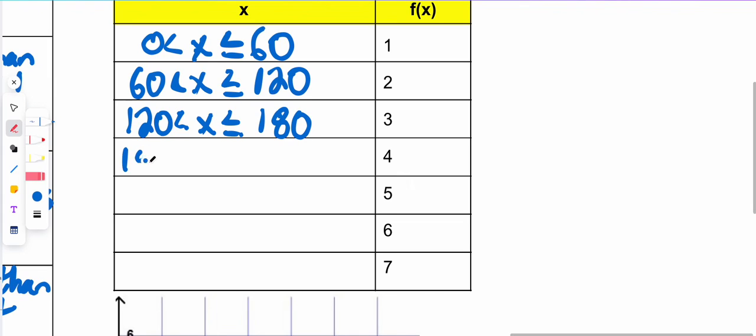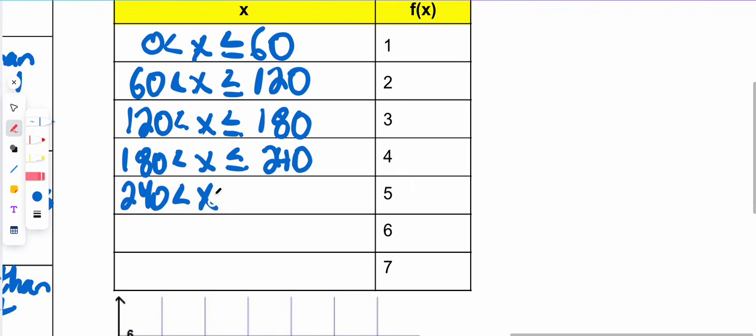Once we go over 180, we have to add in a 4th lifeguard until it hits that next 60 interval, which is going to be at 240. Then when it's above 240, we're going to add in our 5th lifeguard until it hits 300.